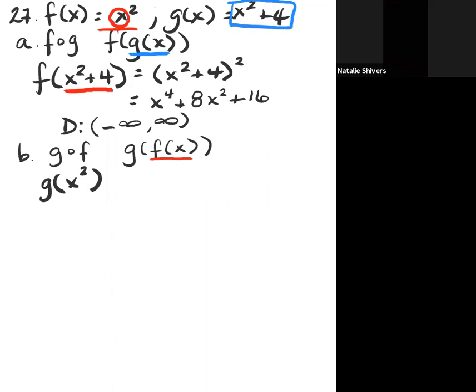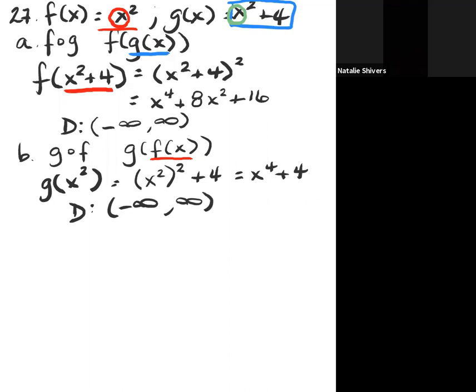Okay, so this one, I'm going to put it in again just for x. So what happens is I get an x squared on the inside and a squared on the outside. Plus 4 gives me x to the 4th plus 4. Again, the domain isn't going to have any issues. All real numbers. F of f.